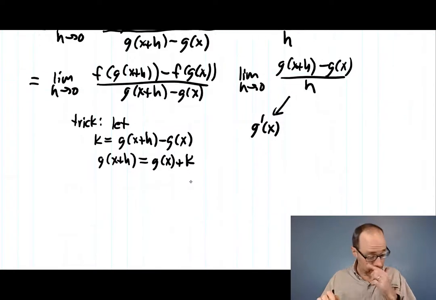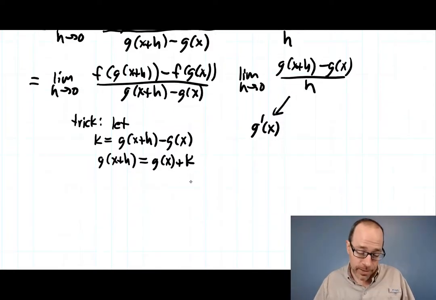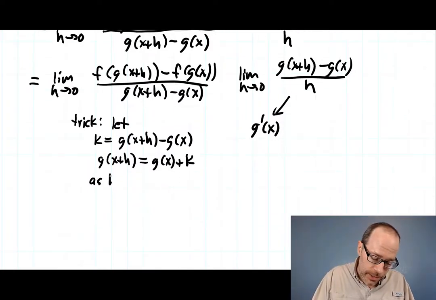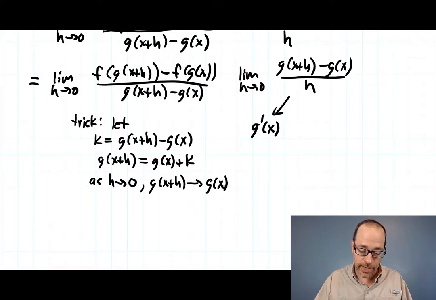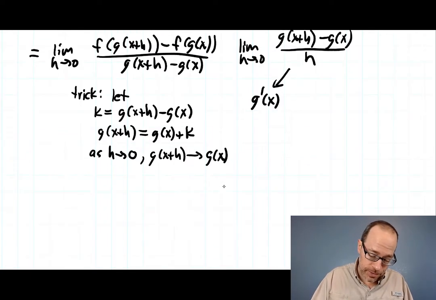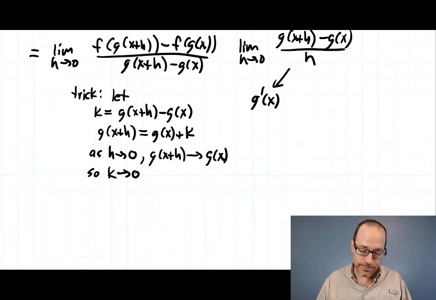And because g is differentiable, it will be continuous, so as h goes to 0, g of x plus h will converge to g of x, so that the difference of those two numbers, k, will also go to 0.